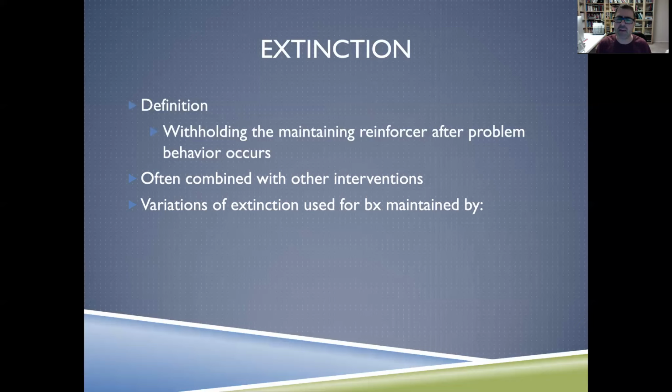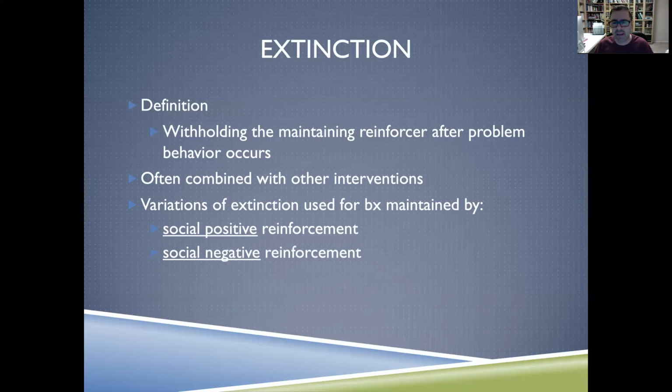So again, like I mentioned, extinction is often combined with other interventions. And we have variations of extinction, of course. If behavior is maintained by social positive reinforcement, then extinction would essentially consist of eliminating the positive reinforcer. If it's social negative reinforcement, same thing, you'll be eliminating the social negative reinforcement.